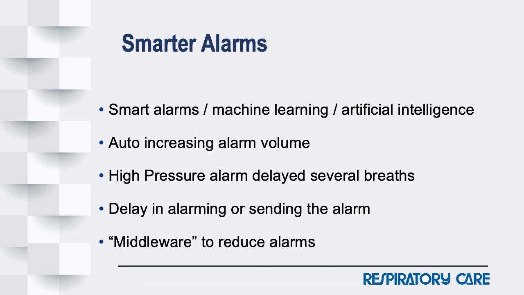Those are things that might come. And then middleware. Many of you might have gone to places where software sends the alarms out over pagers and phones. That middleware can also be a method of reducing alarms to people, where only certain alarms go out.